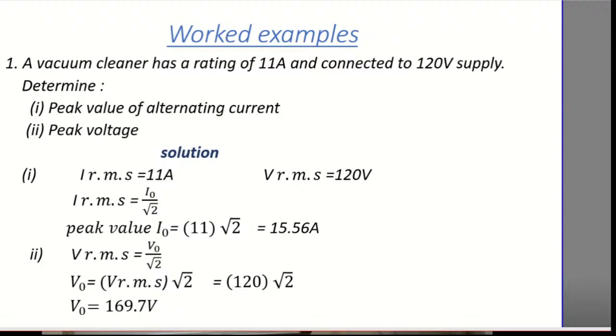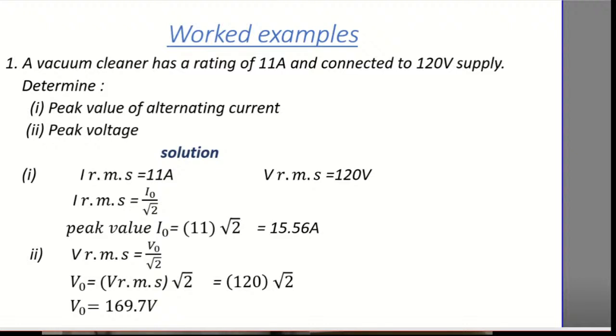Now, look at the interpretation. We are saying the values that are quoted on our vacuum cleaner are the RMS value of current and the RMS value of voltage. And therefore, we indicate it as 11 amperes and 120 volts.